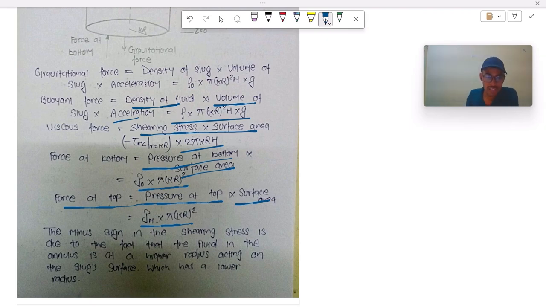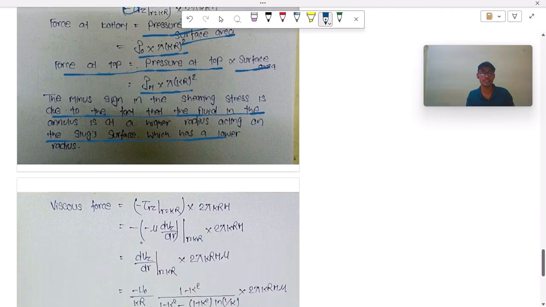The minus sign in the shearing stress is due to the fact that the fluid in the annulus is at the higher radius relative to the slag surface, which has the lower radius. So that's why we have used the minus sign in this.